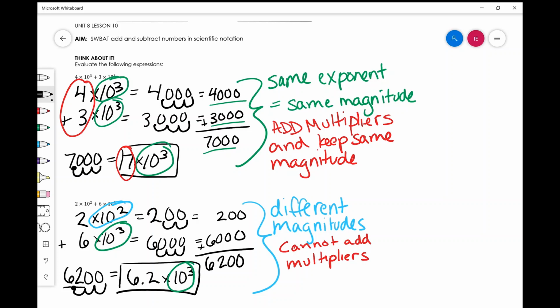But for right now, let's create a conjecture answering when can we easily add numbers in scientific notation?